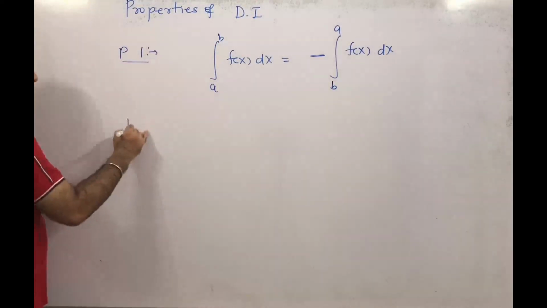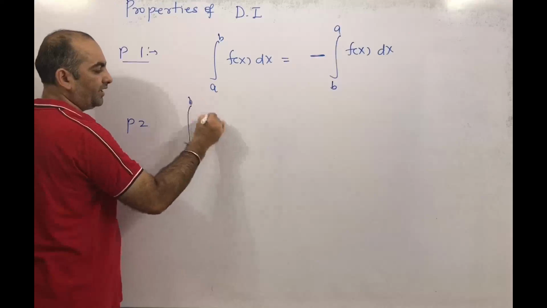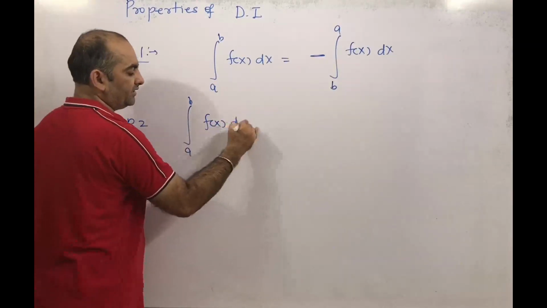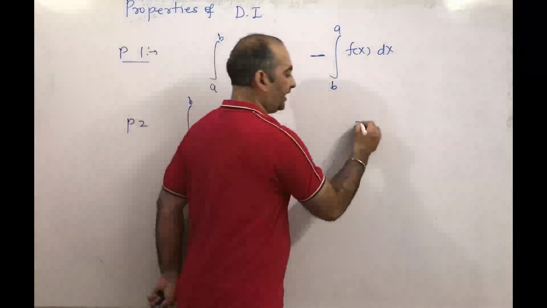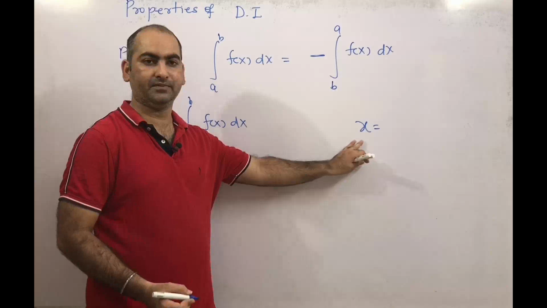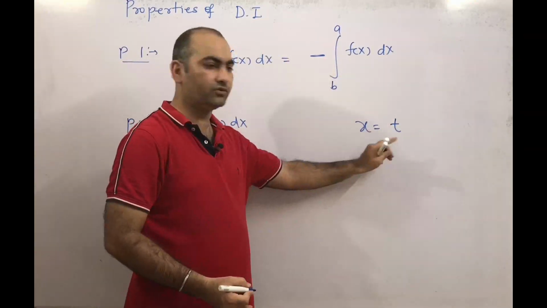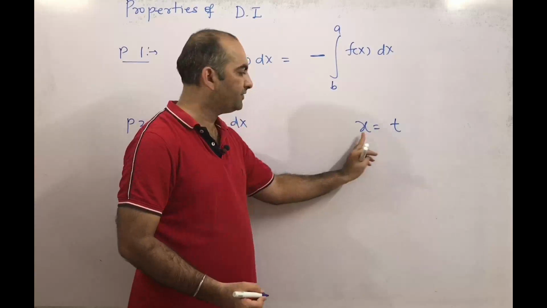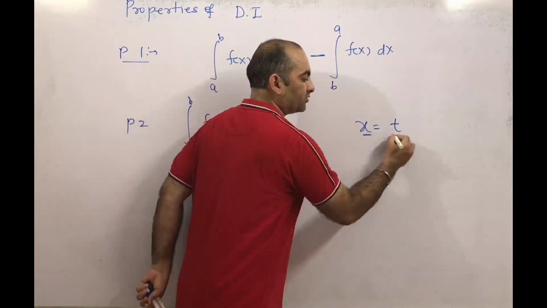Second property, property number 2: the integration from a to b of f(x) dx. Here, instead of x, if I put any other variable which has the same relation with x, like t. Here x power is 1, so t power is also 1. Coefficient of x is 1, so coefficient of t is also 1. This is a single term, and this is also a single term.